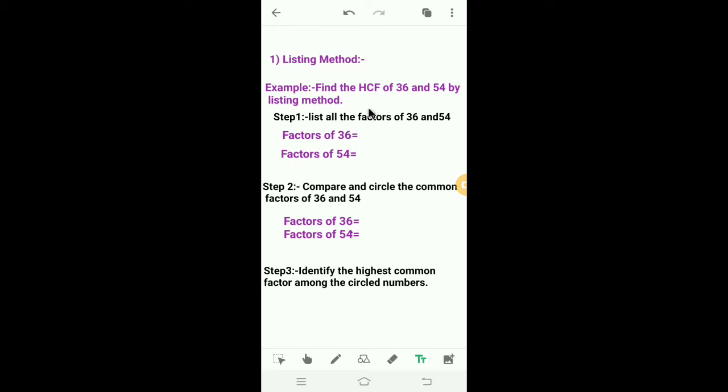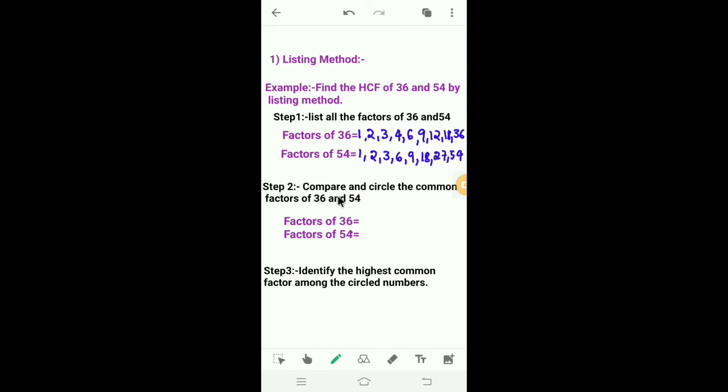Factors of 36 are 1, 2, 3, 4, 6, 9, 12, 18 and 36. Factors of 54 are 1, 2, 3, 6, 9, 18, 27 and 54.